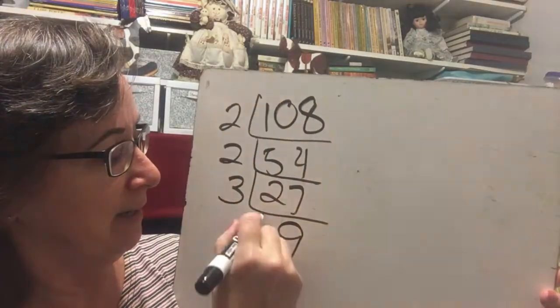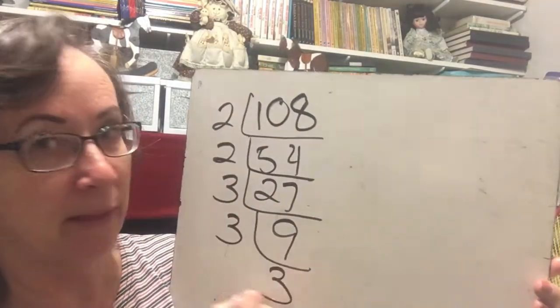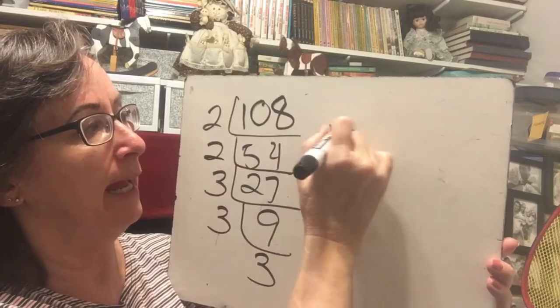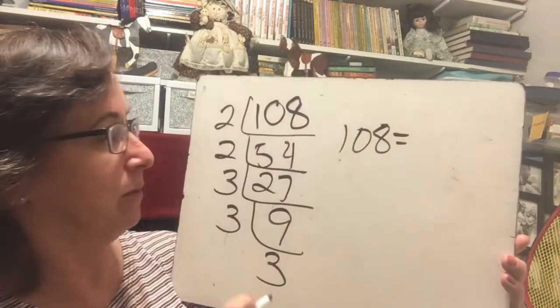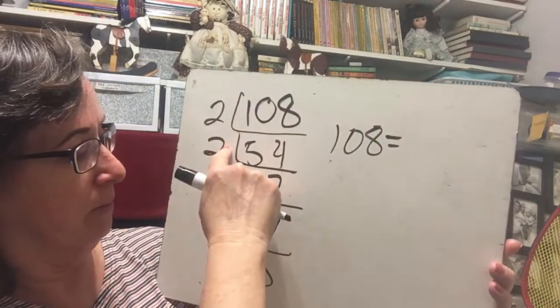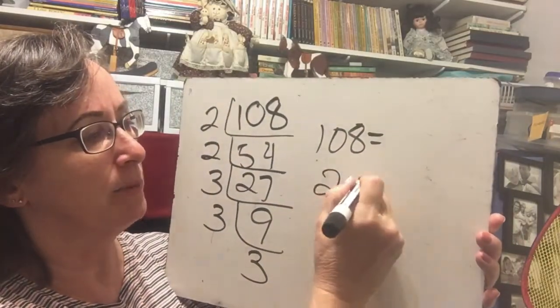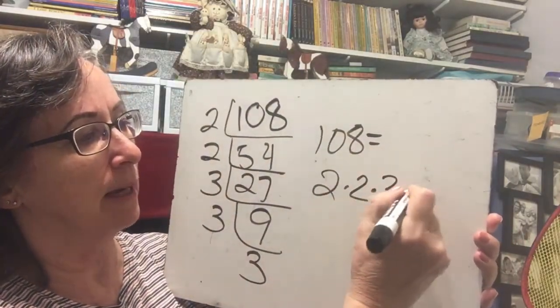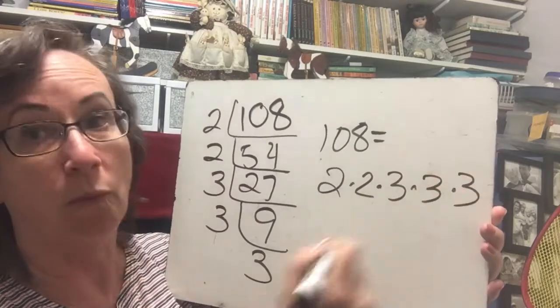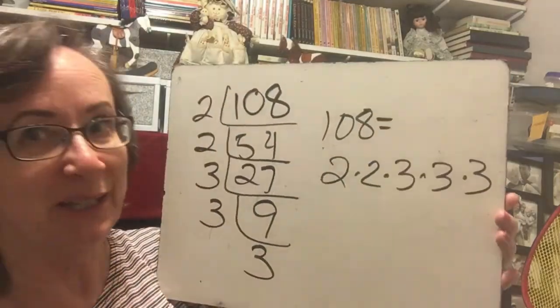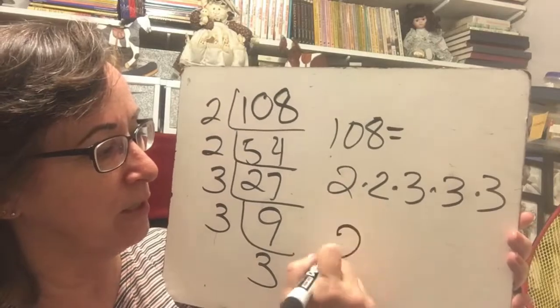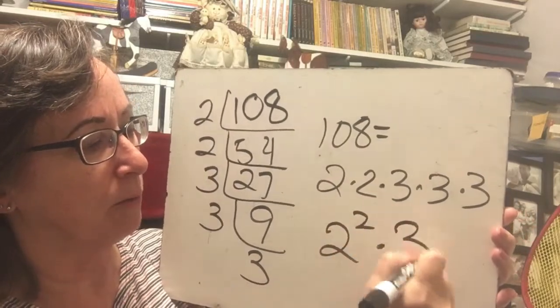We get 9, divide by 3, and divide by 3. So 108 is equal to 2 times 2 times 3 times 3 times 3. Or we could use exponents and say 2 squared times 3 cubed.